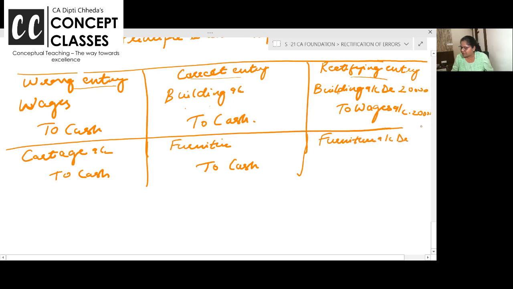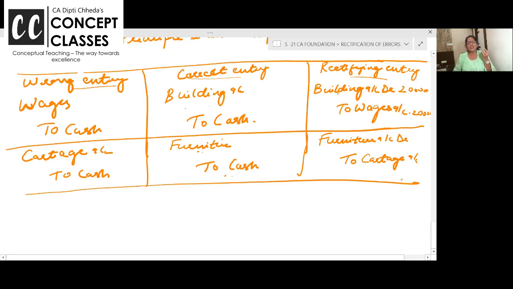Furniture account debit. Furniture is not debited, now debited. Cartage by mistake you have debited, to nullify credited. And rest all is correct. Furniture you had to debit, you have not debited, now debit. Cash you had to credit, you correctly credited, no problem. Cartage by mistake you debited, to nullify its credit. Isn't it super easy? Huh?